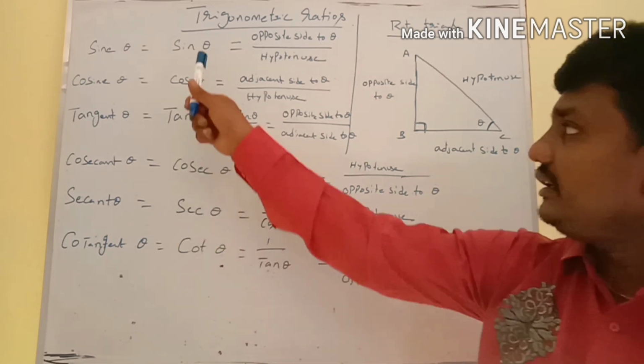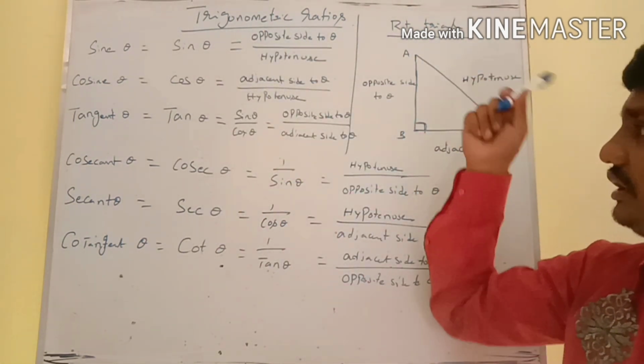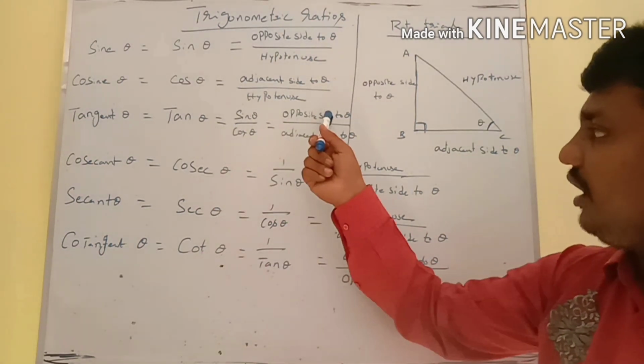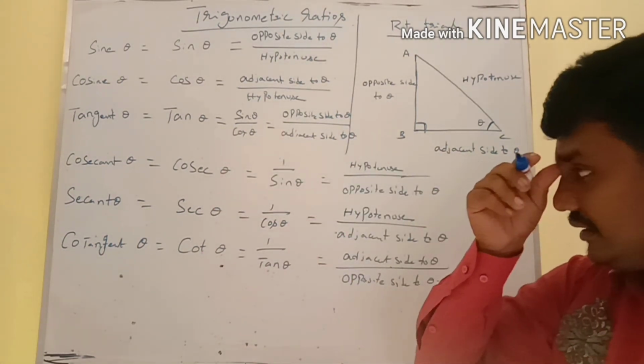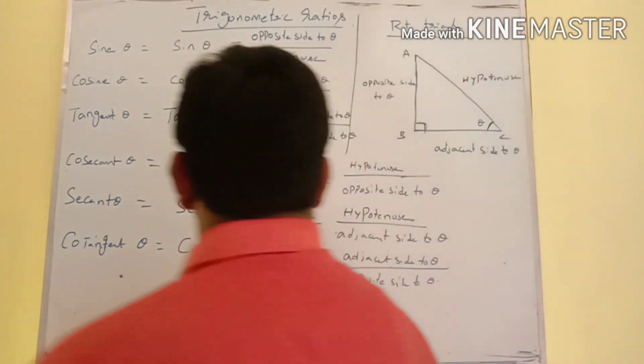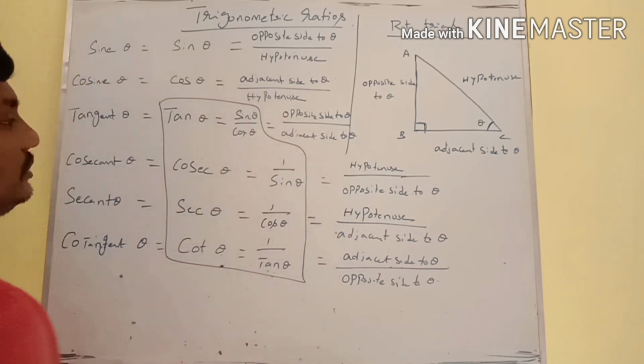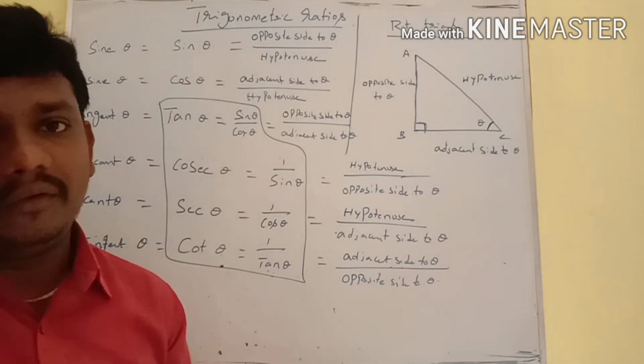So we know sin theta is opposite side by hypotenuse, cos theta is adjacent side to theta by hypotenuse, and tan theta is opposite side to theta by adjacent side to theta, that is tan theta equals sin theta by cos theta. Here we have some formulas. Tan theta is equal to sin theta by cos theta, one formula.